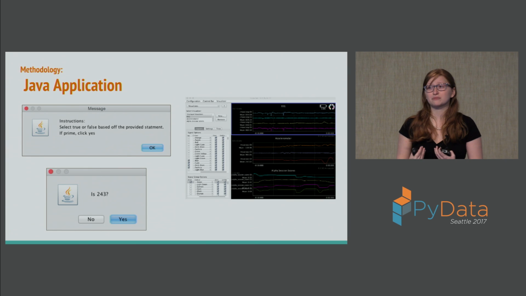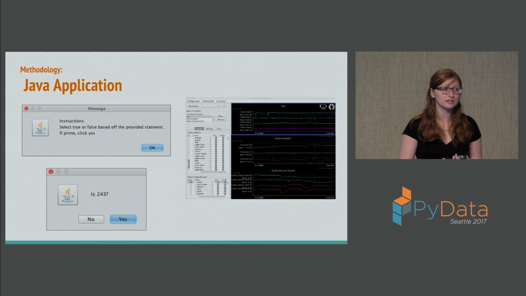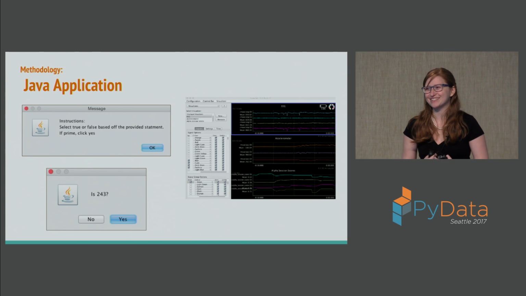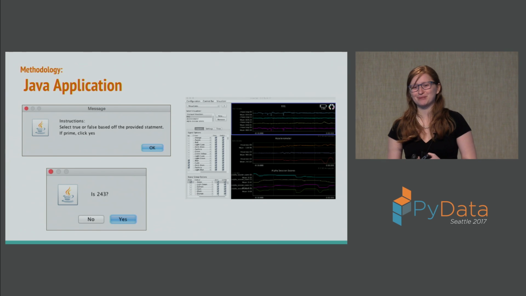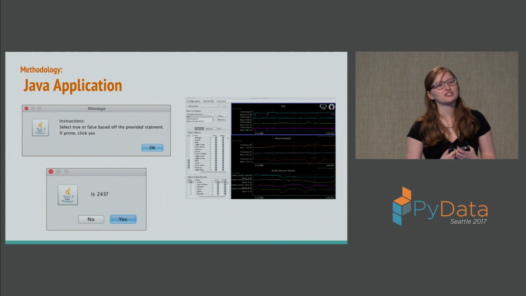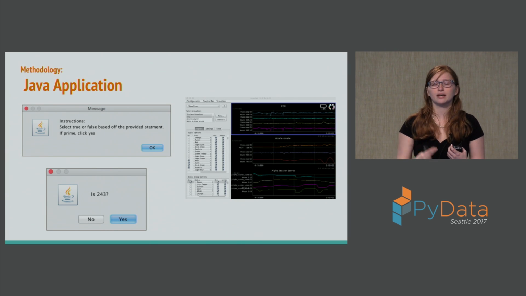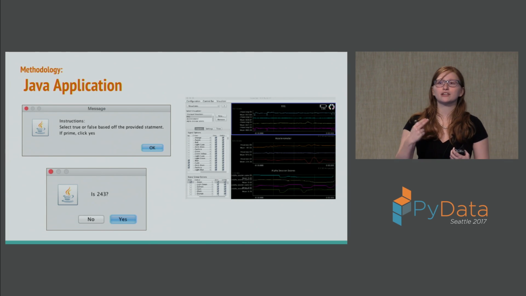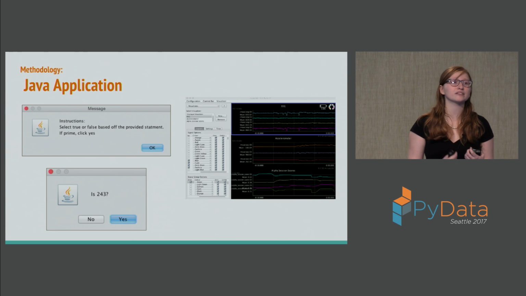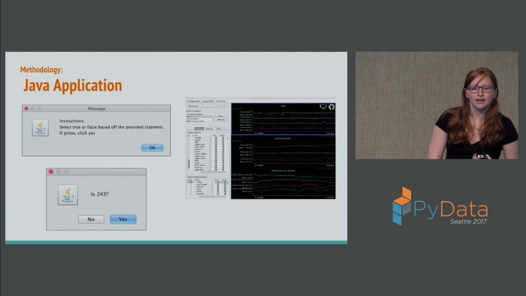So to make sure the timestamps synced up as closely as possible, I had to write this as a Java application for my experiment. And in this Java application, I was able to record whenever the question was shown and when it was answered, and also if they got it correct or incorrect, and exactly what the problem was.